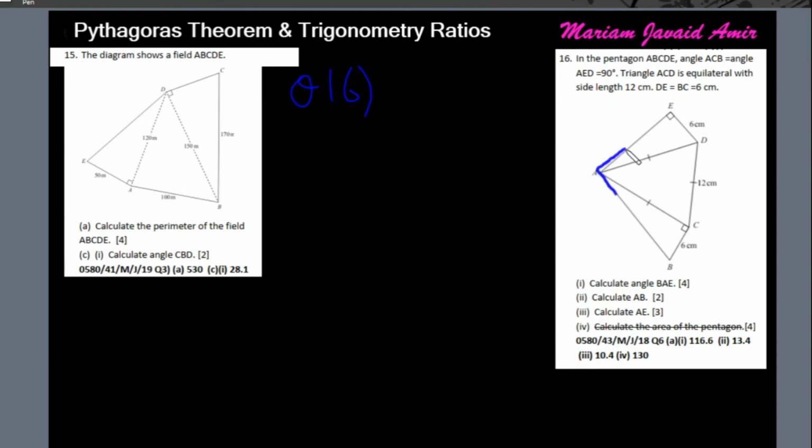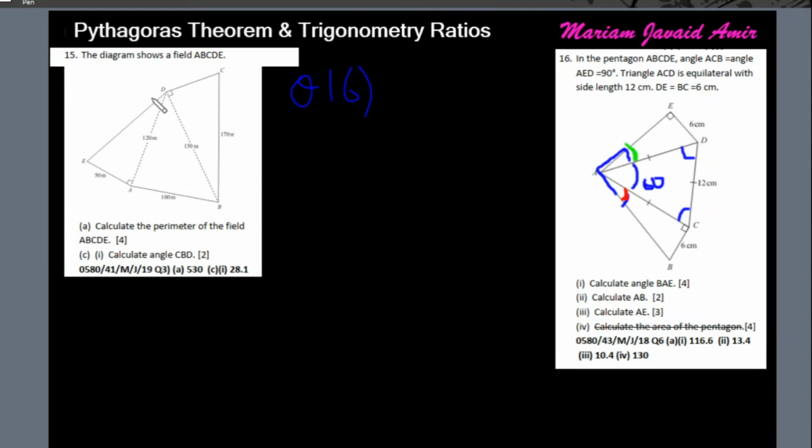Now since this is an equilateral triangle, this would be 60 and this would be 60 as well, and this would be 60 as well. And next we need these two angles, this angle and this angle, to find the complete angle.